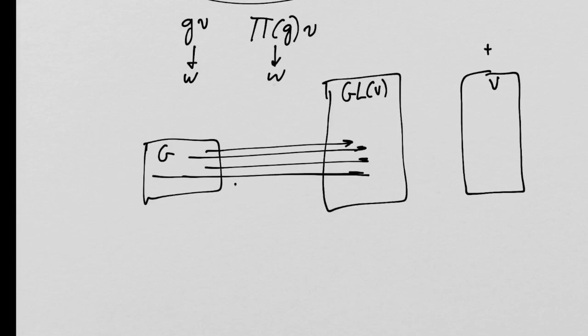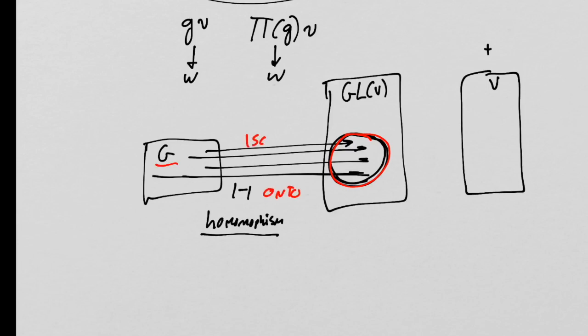And we're going to say this map is 1-to-1, and it's a homomorphism, not a homeomorphism, just a group homomorphism. So if it's 1-to-1 and it's a group homomorphism, think about that. That means it's mapping to a subset of the general linear group, and that subset is isomorphic to G, right? So this subset here is actually 1-to-1 and onto G, and it is isomorphic.